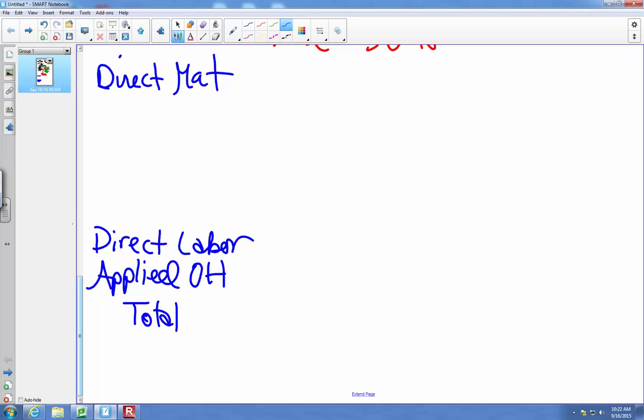Is this for just one job or for all my jobs? No, this is to do my financial statements, because where's that cost of goods manufactured number going again? It's a part of the model for COGS, right? So this is one number that I'm using to prepare my P&L at the end of the month. Total manufacturing cost.